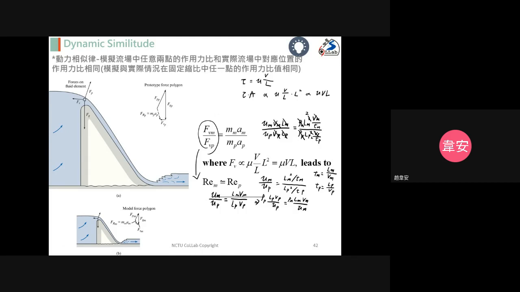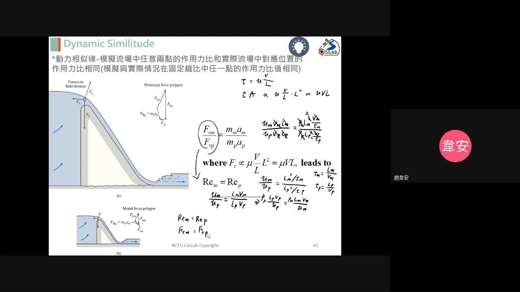And the Reynolds numbers between the model and the prototype need to keep the same. So for the spillway problems, we need to satisfy the dynamic similitude with the Reynolds numbers the same between the model and the prototype, and the Froude numbers also need to keep the same ratios between the prototype and the models.